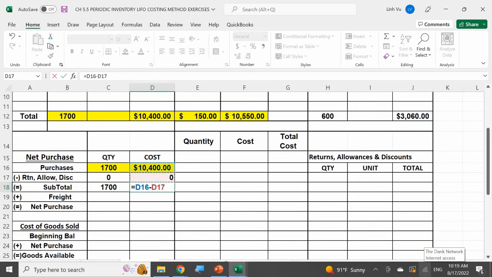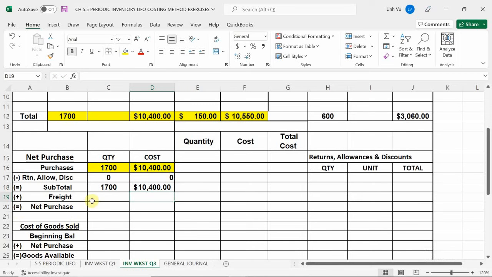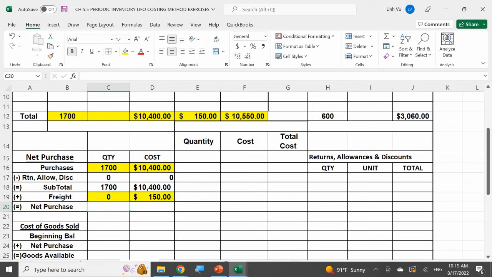Your freight adds 0 to quantity, but it adds to the cost. We have here 150. So since we add those values up together, you should still get the 1,700 at 10,550.